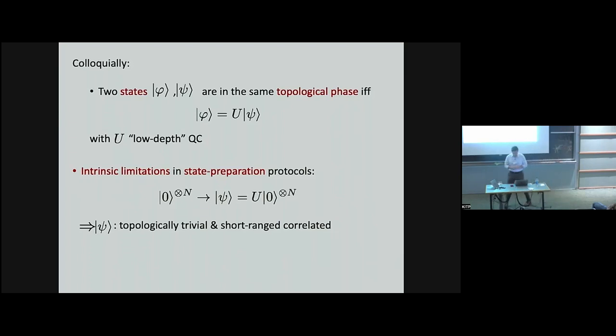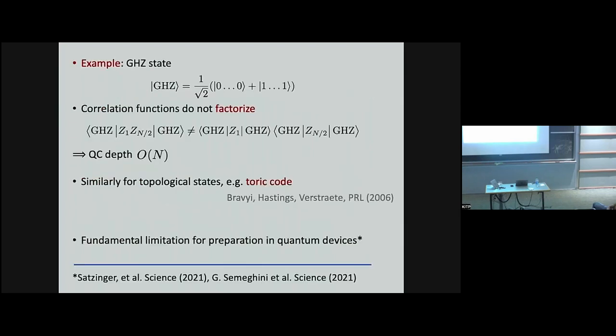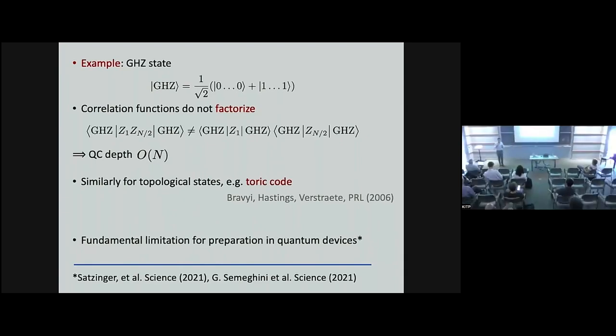All right, so this is a very general principle, but it can be turned into very simple but precise statements. Let me just give you an example. This is the extremely simple state, the GHZ state. You have a chain of n qubits, and then you take the superposition. And now what you can do, as an elementary calculation, is compute the two-point correlation function of the Pauli matrices.